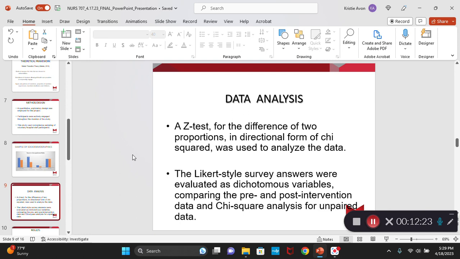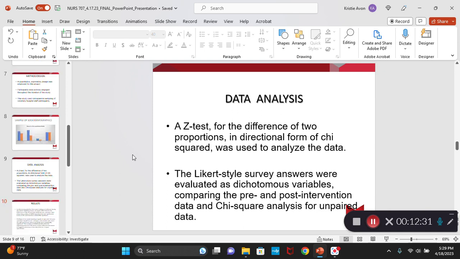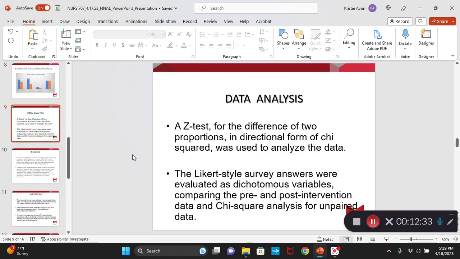Data analysis: a z-test for the difference of two proportions in directional formula of chi-squared was used to analyze the data. The Likert style survey answers were evaluated as dichotomous variables comparing the pre and post intervention data, and chi-squared analysis for unpaired data. Quantitative data was used to appraise participants' answers to a 3-question demographic and a 13-question Likert-style survey.